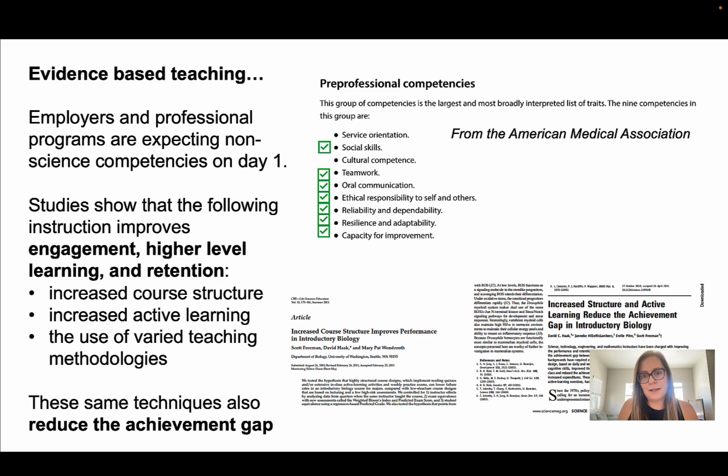There are also a whole bunch of studies that show that there are types of instruction that improve student engagement, increase a higher level of learning, as well as improve retention in various majors. And so those instruction methods include things like increased course structure.